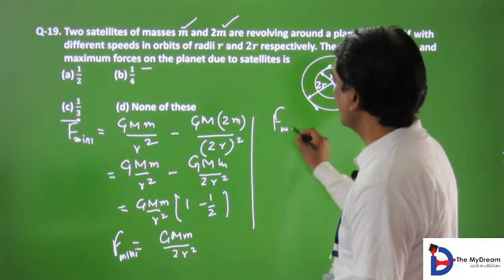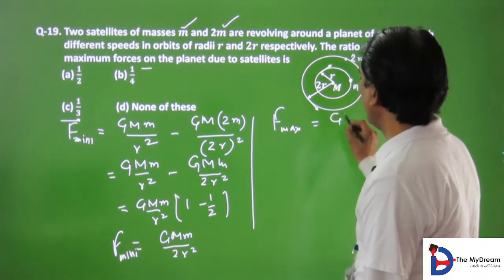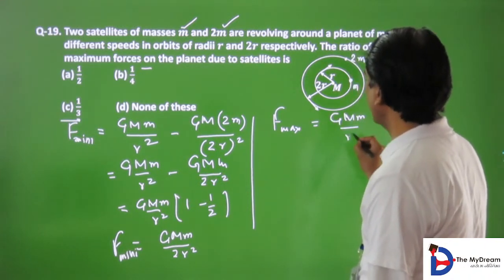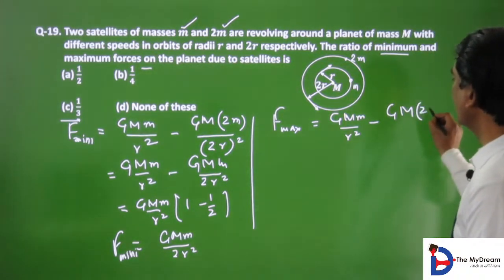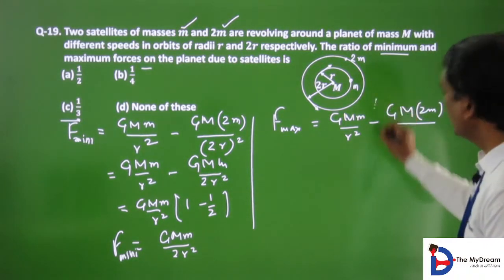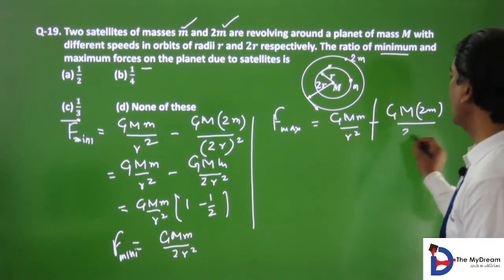maximum कब होगी? जब हम दोनों को ऐड कर देंगे. G m small m by r square. Here the mass is twice of m. Add कर. Then you will write down 4.